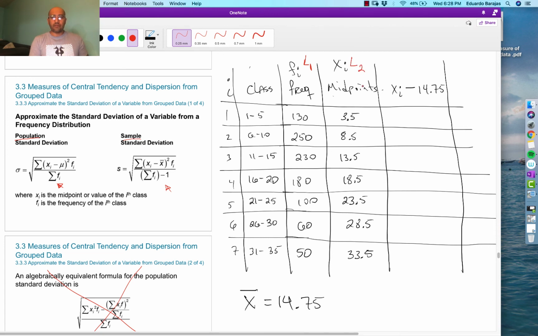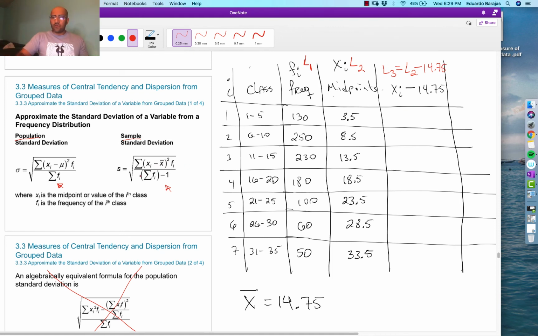Then I'm going to subtract each one of these points minus 14.75. So in my calculator, L3 is going to be equal to L2 minus 14.75. Okay, so that'll give me these subtractions.